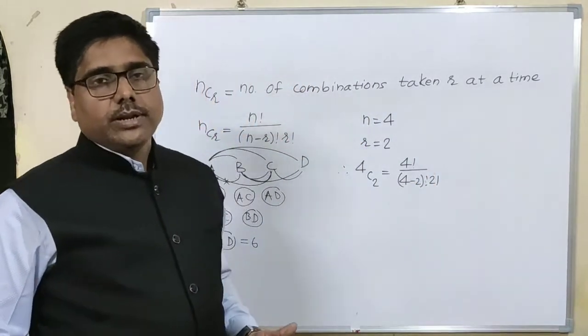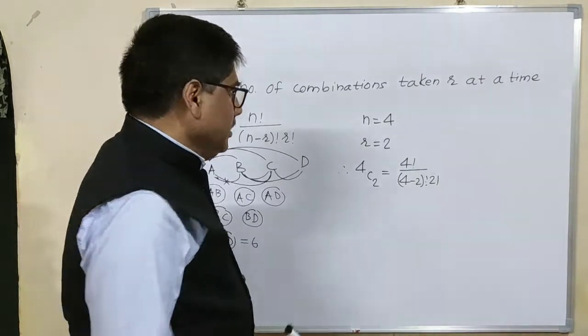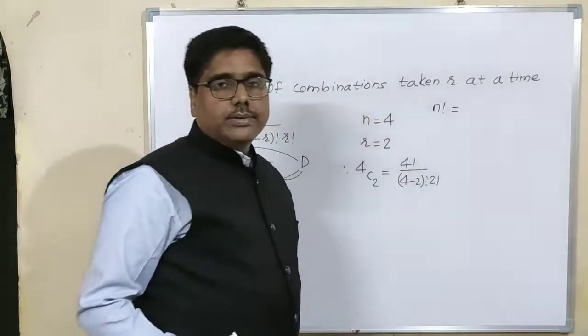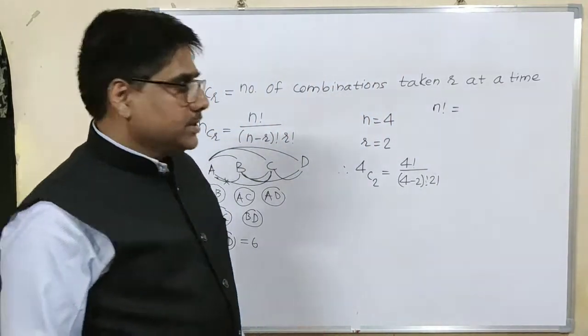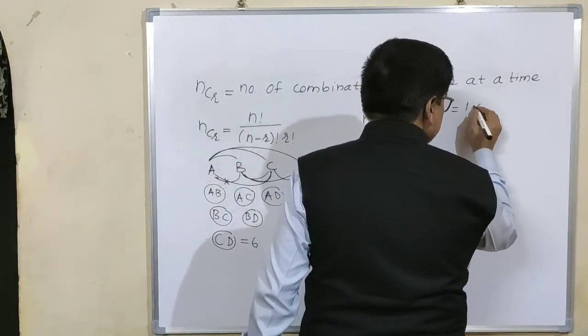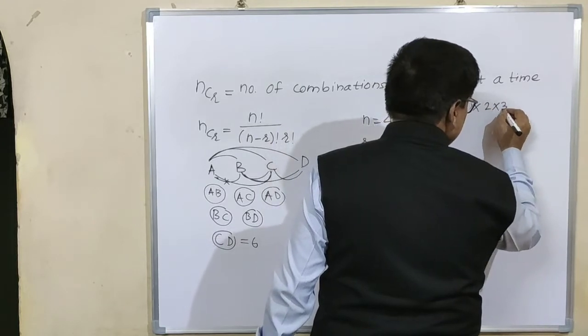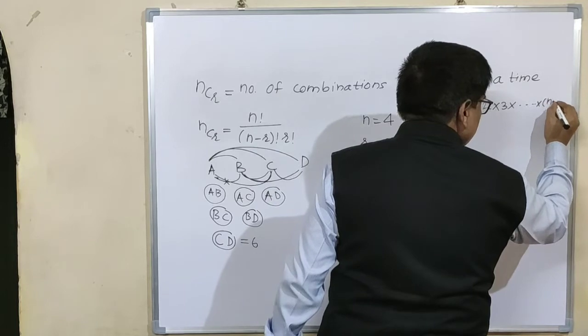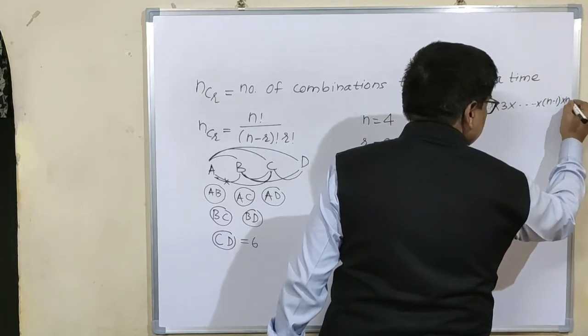What is meant by factorial of number n? Factorial of number n is the product of the first n natural numbers, that is 1 into 2 into 3 dot dot dot. The last but one term is n minus 1 and the last term is n.